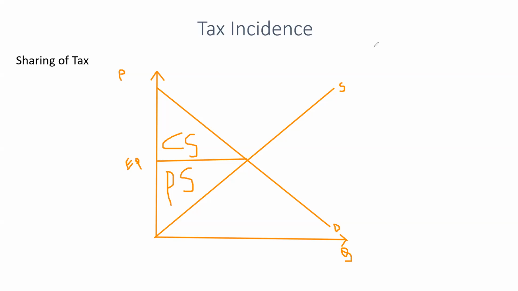So when there is a tax, it's going to affect our consumer and producer surplus. Want to see how? When there is a tax imposed, the supply curve will shift to the left. And this becomes your S after tax, okay? That's the tax incidence. Now, after the tax has been applied, this becomes the new equilibrium price.